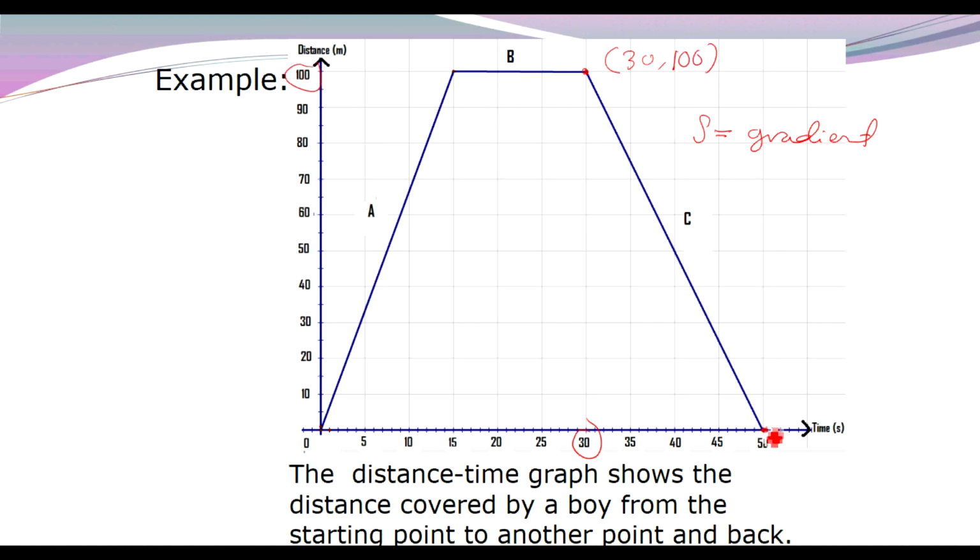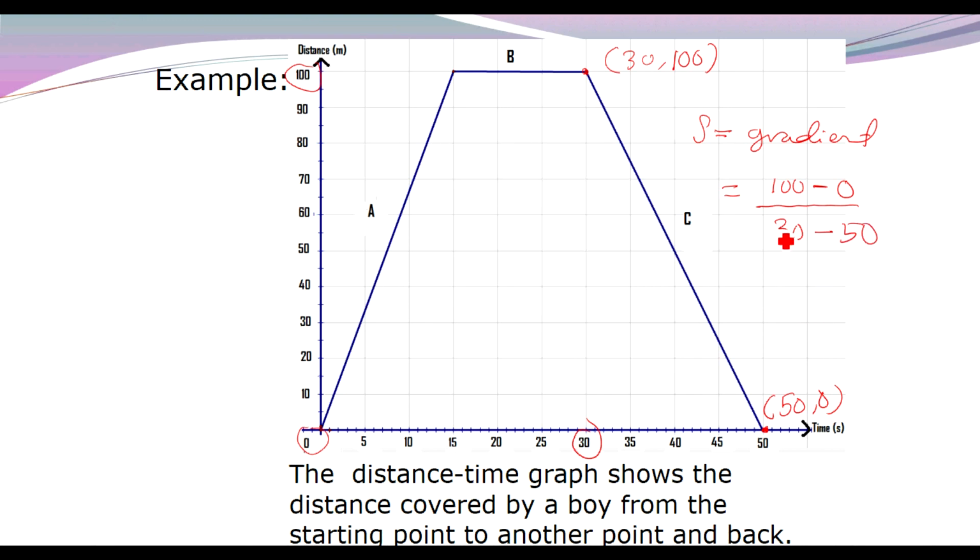And here the x is 50 while the y is 0. So to calculate the gradient, or speed, equals 100 minus 0 over 30 minus 50.